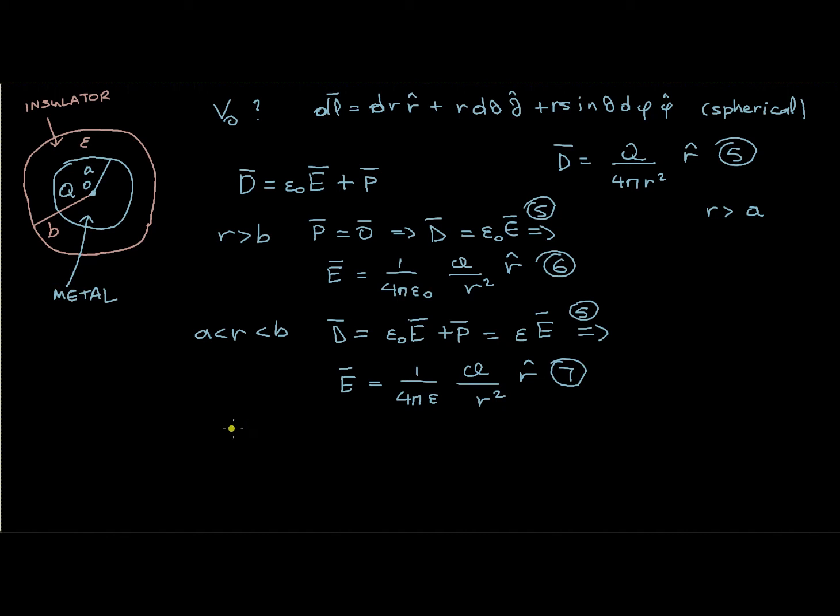Now I need to work on when r is less than a. We have to remember that this is a metal sphere. An important property for any metal object in equilibrium is that the charges are free to go anywhere they want, and the excess charge will always be found on the surface.